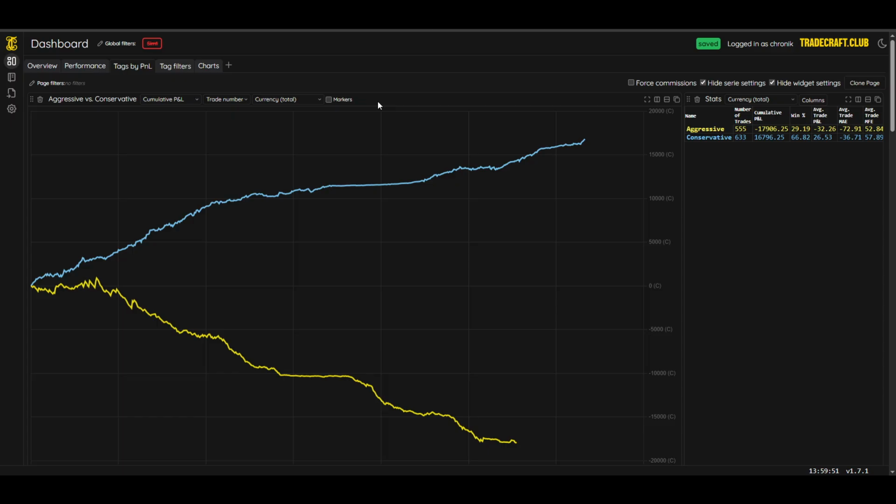Want the same widget filter, so tag, add filter. Closed, aggressive. Rating 1.